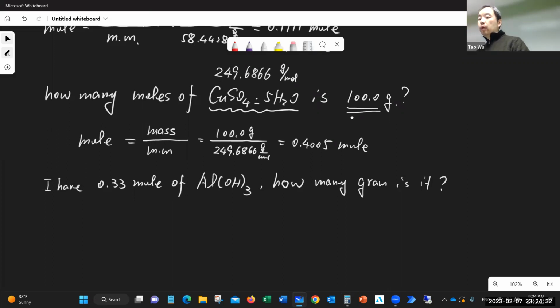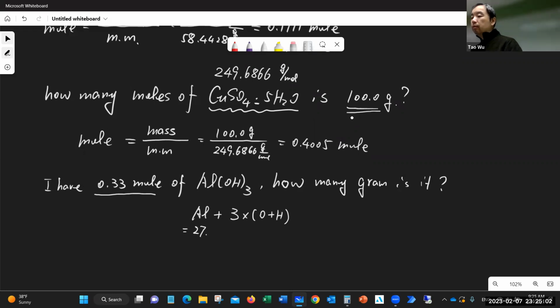For this one, we have a mole amount of the aluminum hydroxide, and we try to figure out the mass. Well, first you figure out the molar mass of the aluminum hydroxide. This has 1 aluminum plus, you see, 3 hydroxide ions, so you multiply 3 times oxygen plus hydrogen: 1 oxygen plus 1 hydrogen. This is how you get the molar mass.